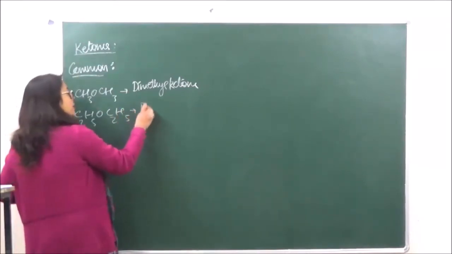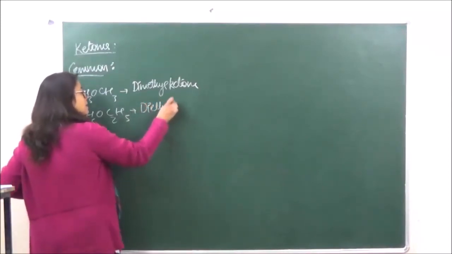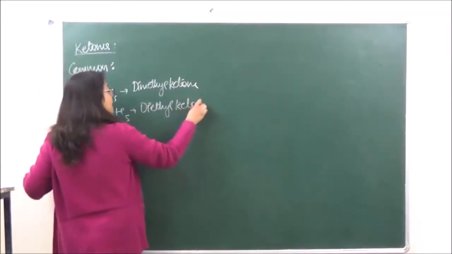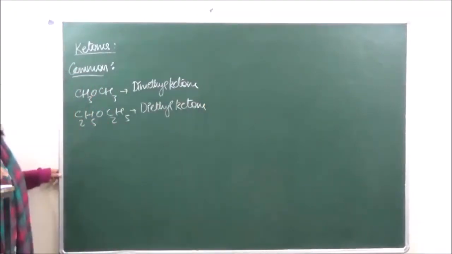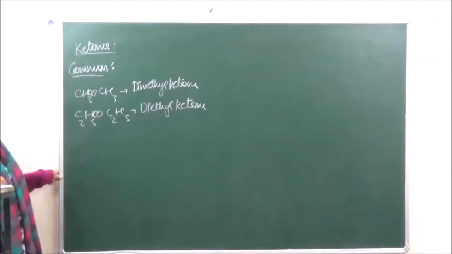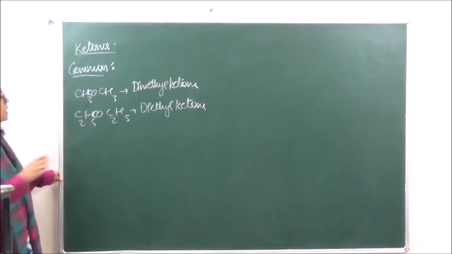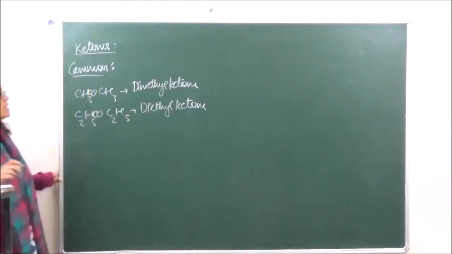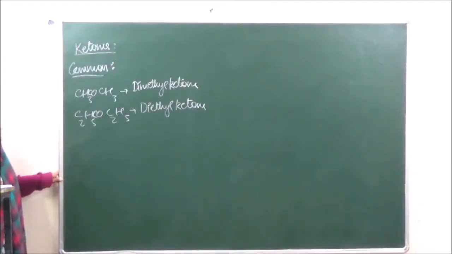This is going to be known as diethyl ketone. No, we are not naming this as ether. I have forgotten to put C over here. So CH3COCH3. This is the ketone. You're right, that was dimethyl ether. So put C over here and over here. So that is dimethyl ketone, and this is going to be diethyl ketone.